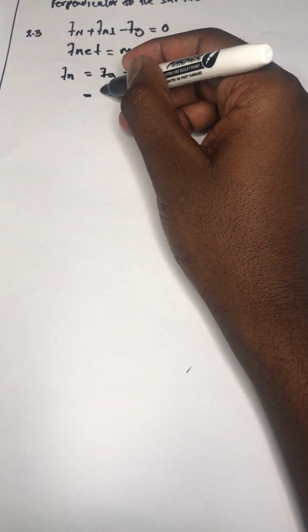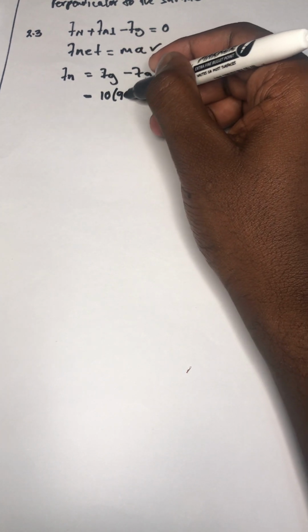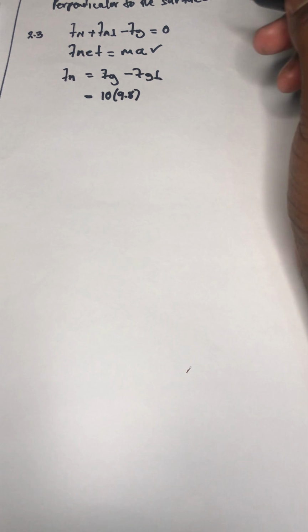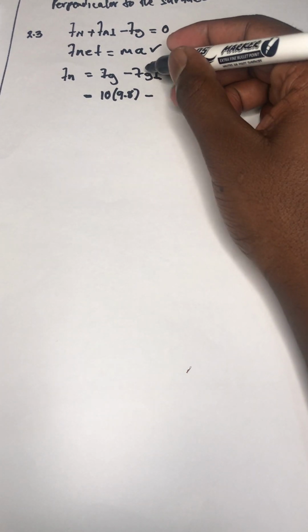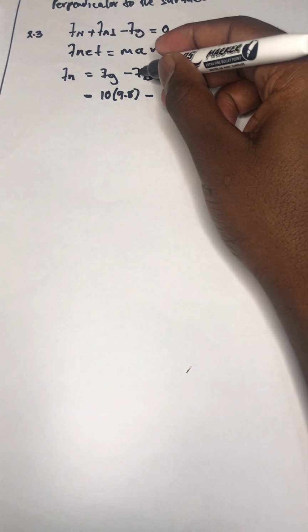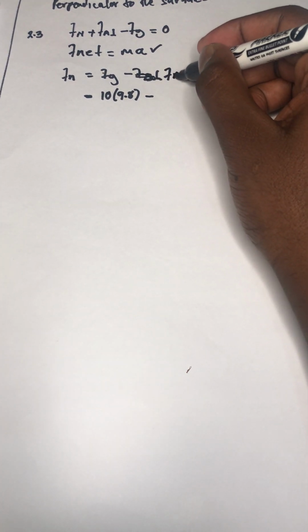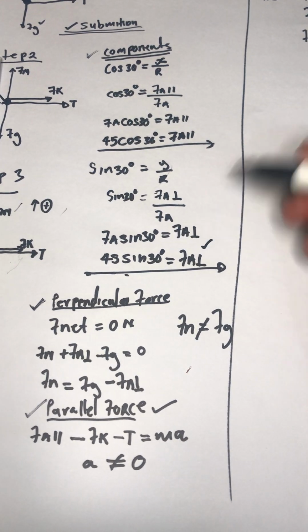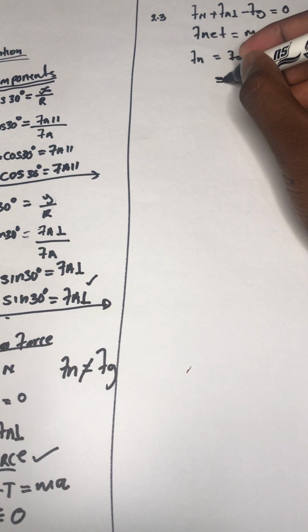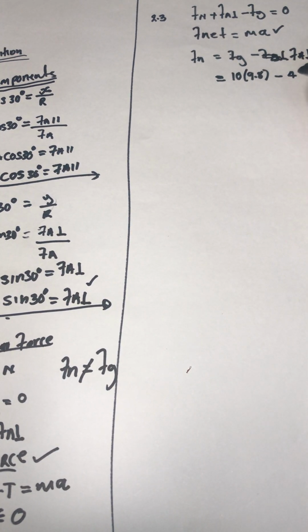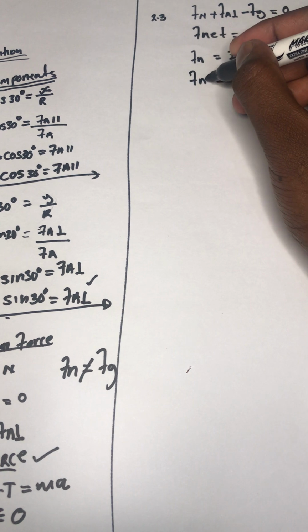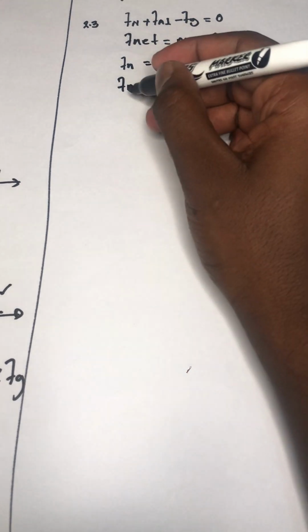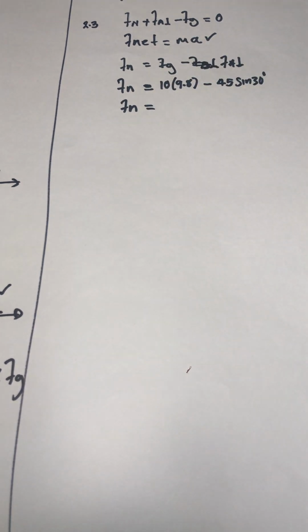Fg is mass times gravitational constant 9.8, minus Fa perpendicular, which is 45 sin 30 degrees. Then Fn, we calculate.